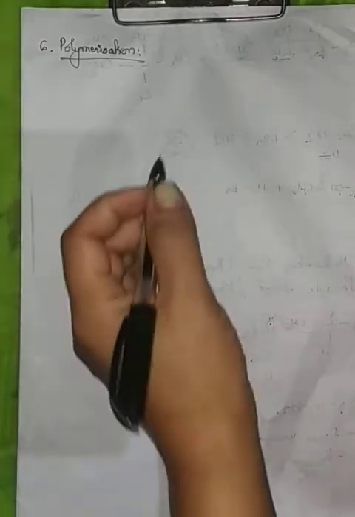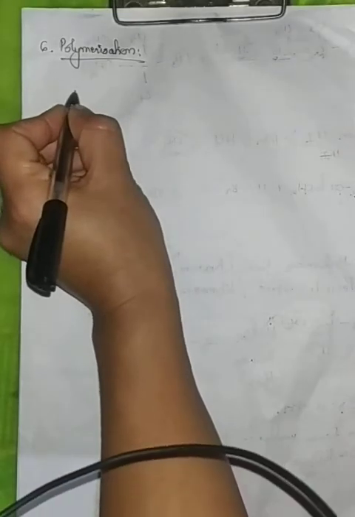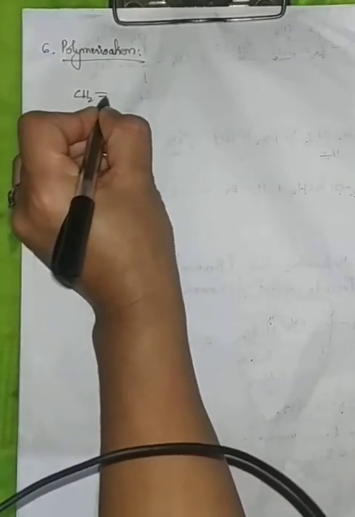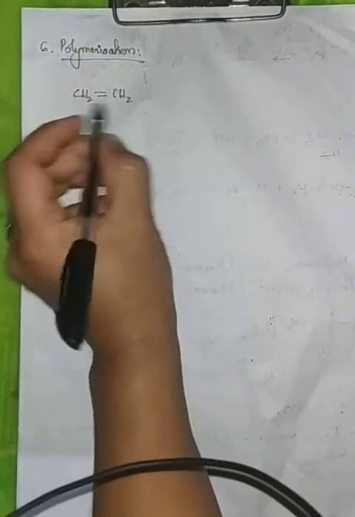Now let's check the last chemical reaction of alkenes, that is polymerization reaction. Now what is polymerization reaction? Polymerization reaction is the formation of polymers when small monomer units are joined together by chemical combination. Now CH2 CH2, this is our ethene molecule.